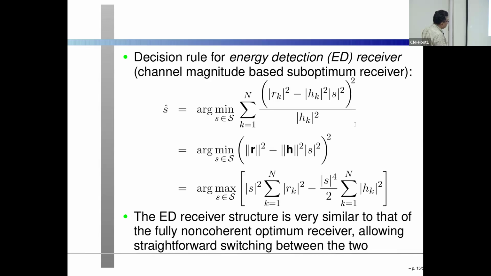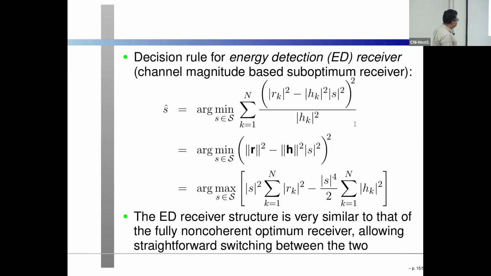The bias has basically the norm square of the channel coefficient. This actually is a channel norm based receiver only, but if you look at it like this, you will not realize that it can be put like this straight. But fortunately, it is actually a channel norm based receiver. We'll see channel norm based in a more general form.